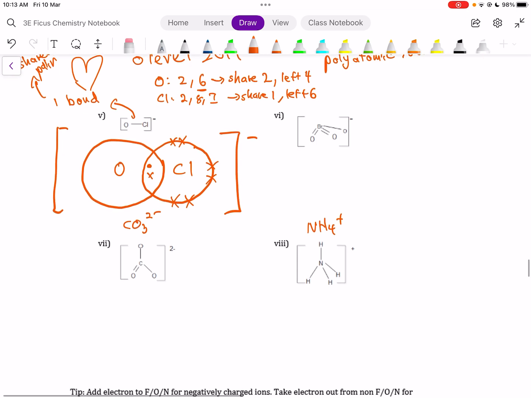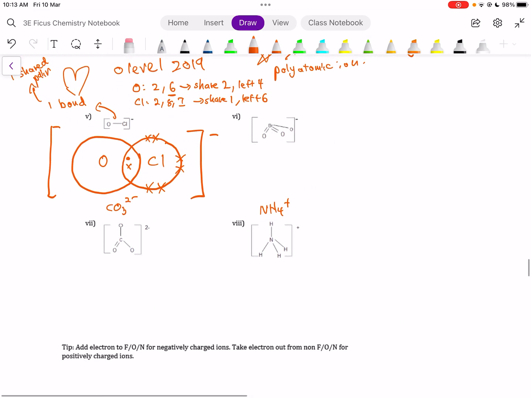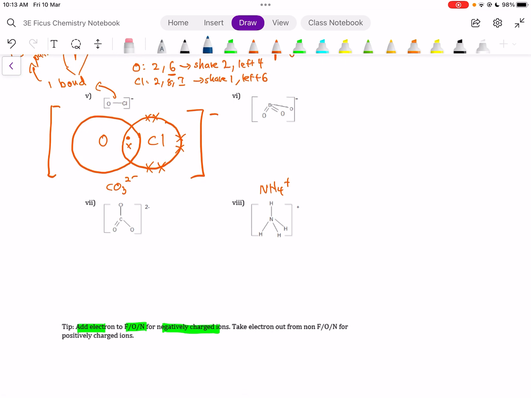So the instructions below, if you have seen what I've written below, is this: you are supposed to add electrons to F, O or N for negatively charged ions. If it's -1, then you add 1 electron to F, O or N. If it's -2, then you add 2 electrons, like later on in the carbonate example.